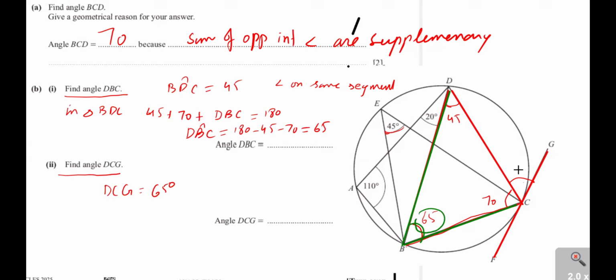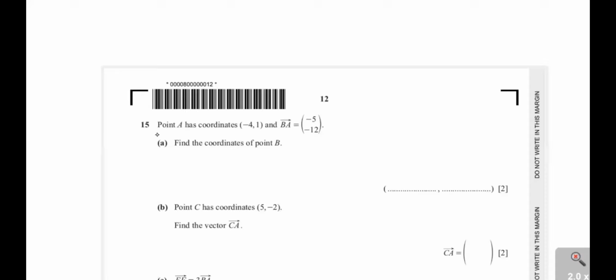Therefore, the angle between tangent and chord is also equal to 65, and we write the property: angles in alternate segment are always equal, and we write here 65. This is the answer.